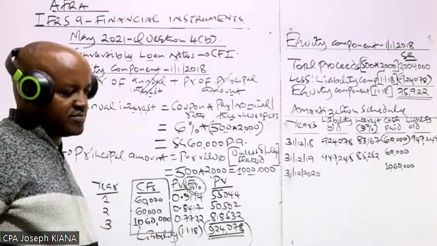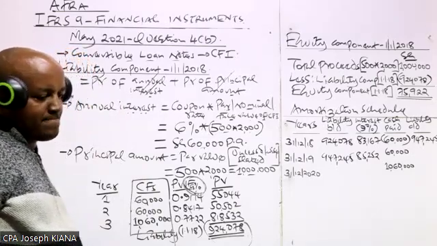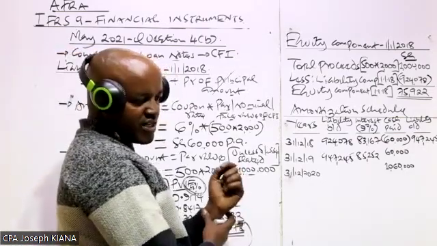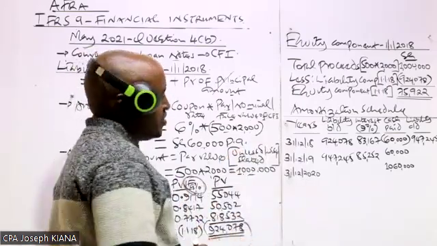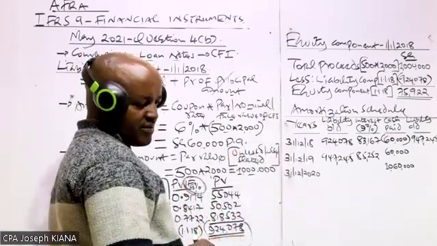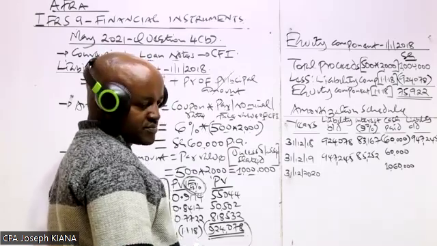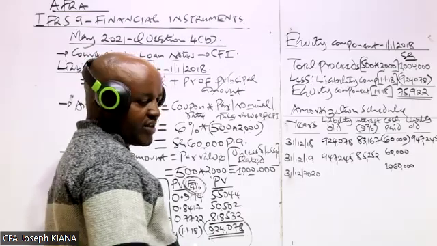Is that correct? I'm told yes. I'm not getting any answers from Patricia and Rogers. You need to participate, telling me whether these figures are correct or not. Are these figures correct?